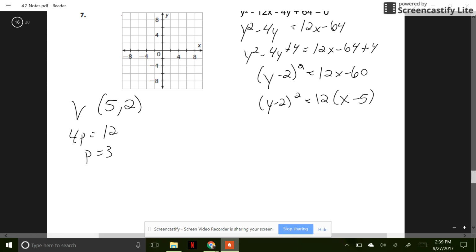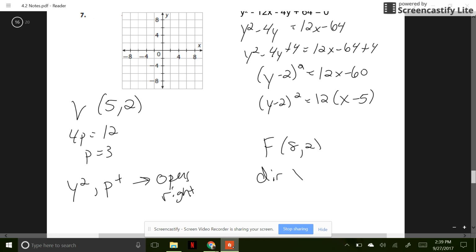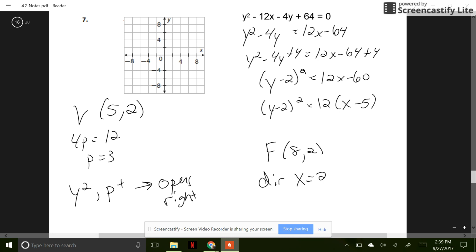We know that it's y squared, and we know that p is positive, so that's telling us it should open to the right. So since it's opening to the right, our focus would be p distance to the right at 8, 2, and our directrix is going to be the line x equals 2.